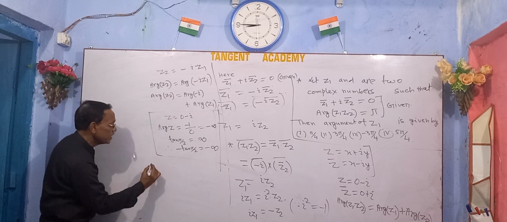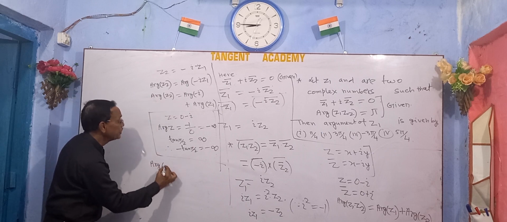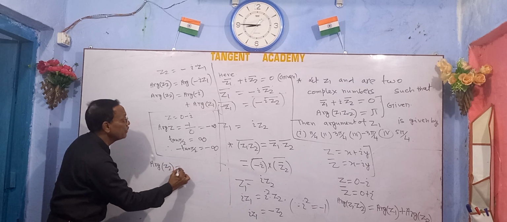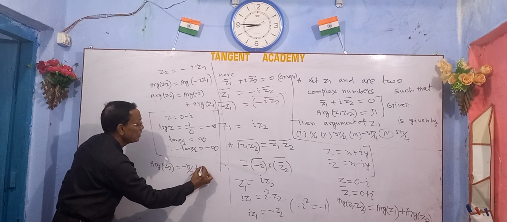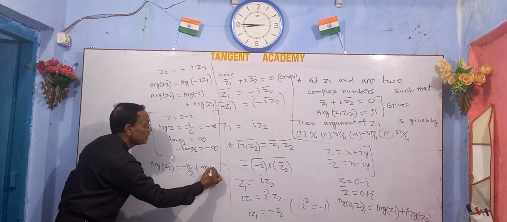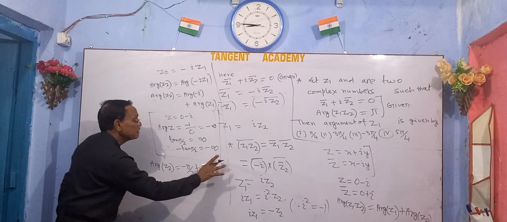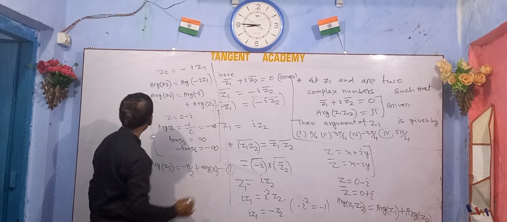Therefore, this relation leads to the argument of Z2 being equal to minus pi by 2 plus the argument of Z1. Let us list it as relation 1. This relation we will use further.